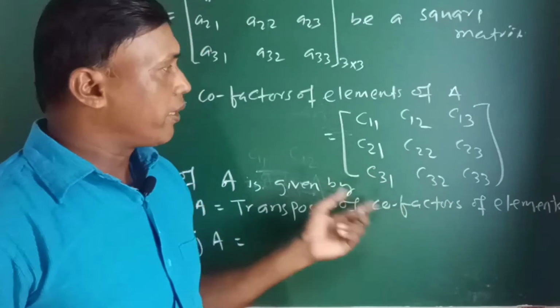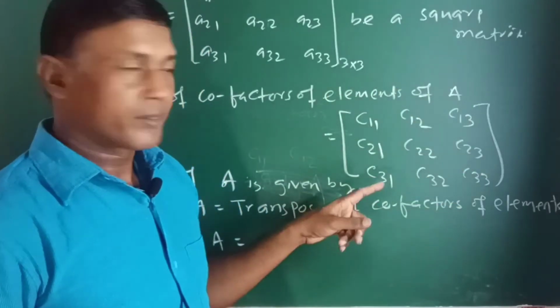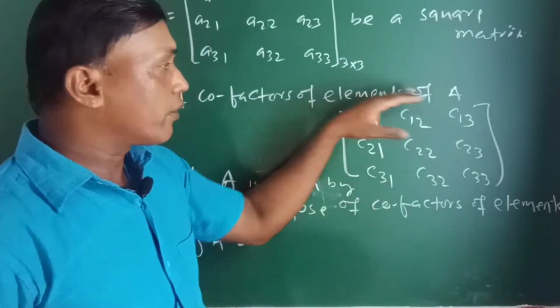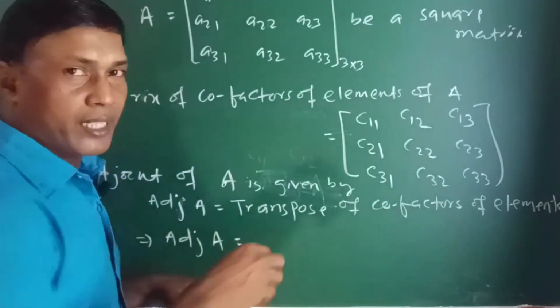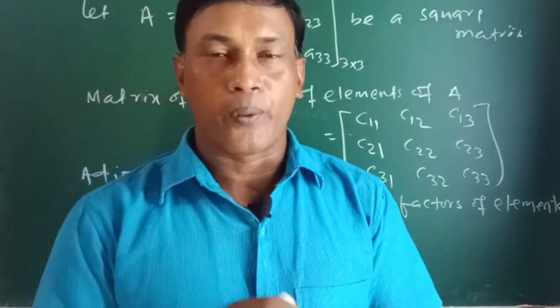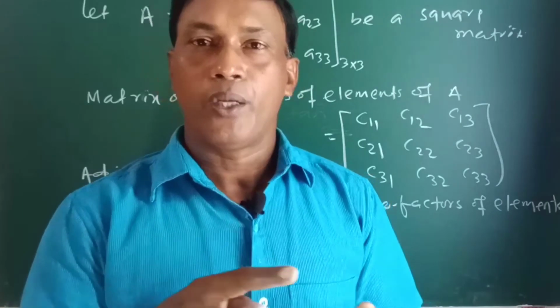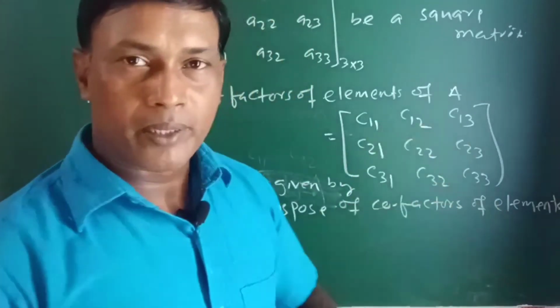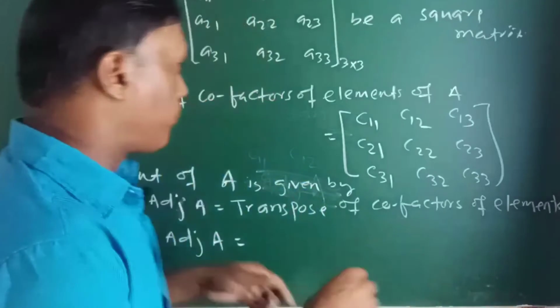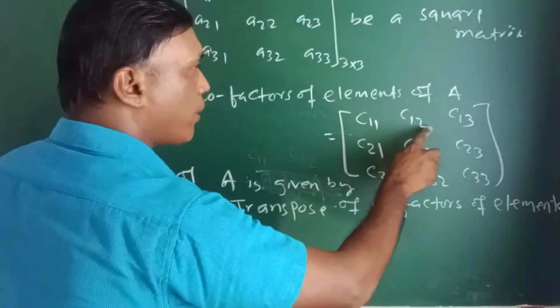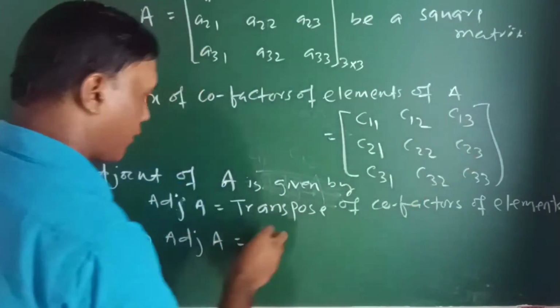So हम तो पहले से ही cofactor matrix बना दिए. Now if we take the transpose, look here, transpose means we have to interchange the rows and columns. Rows will be columns and columns become rows. So rows को column कर देंगे, columns को rows कर देंगे. So the first row is C11, C12, C13. This will be the first column.